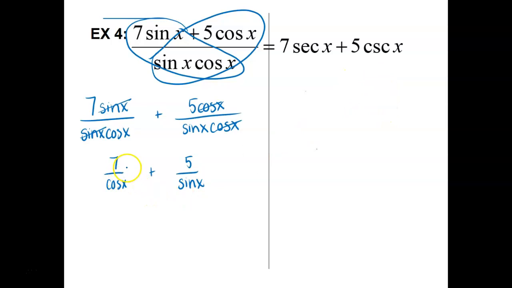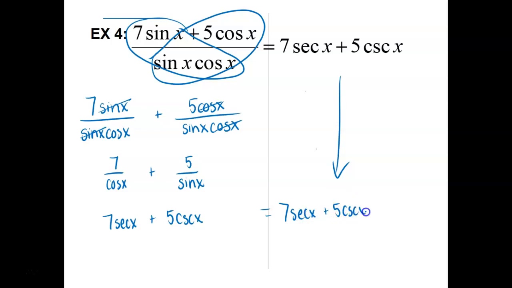Or you can just move that cosine back up to the top and make it 7 secant x and make this 5 cosecant x, and then it matches the other side. So that's another option for the same problem.